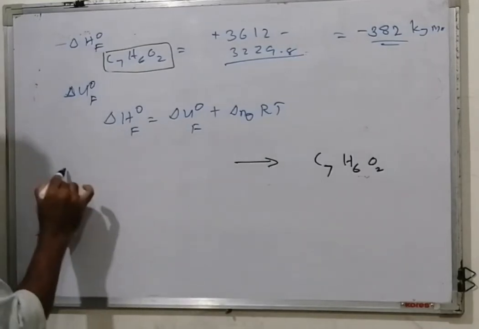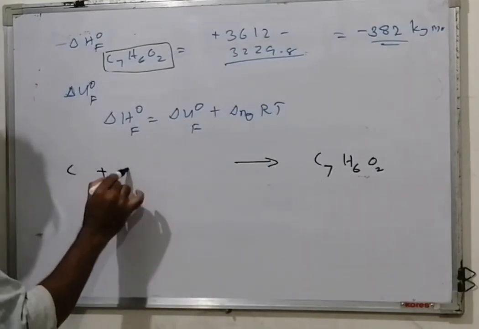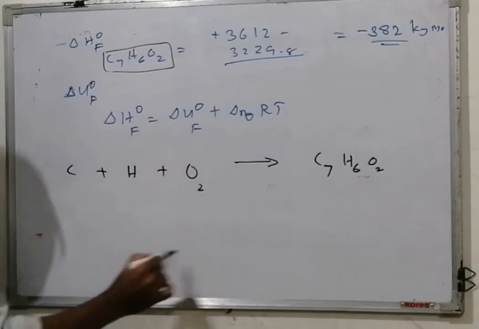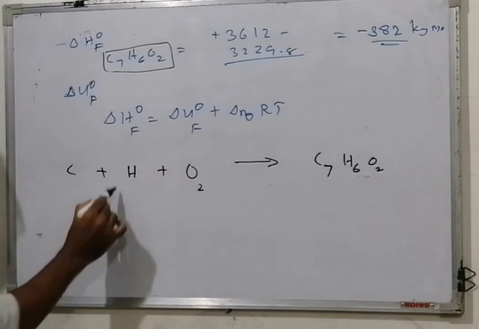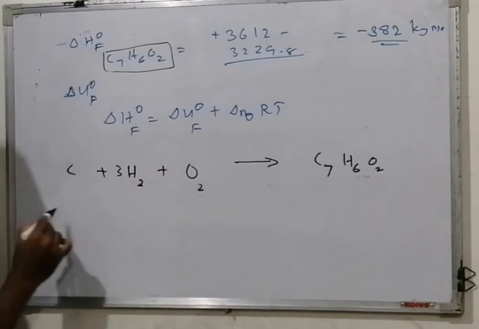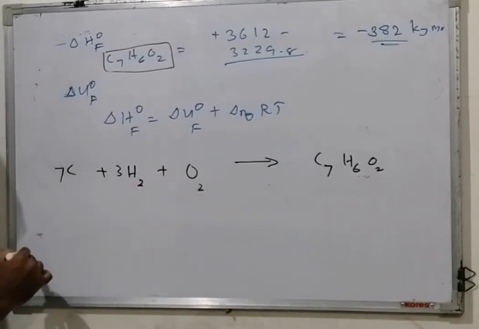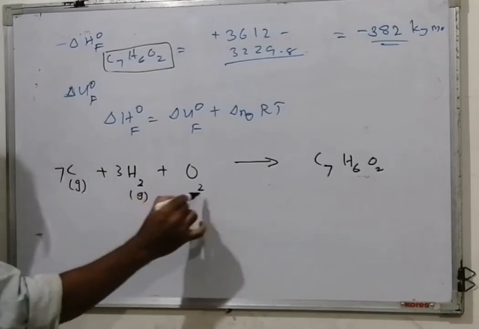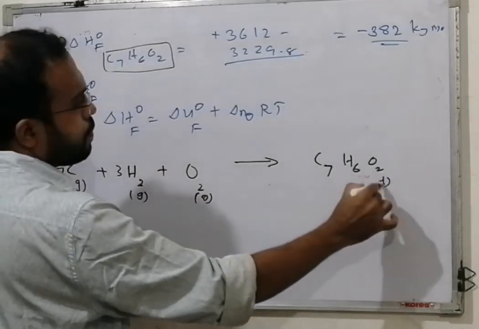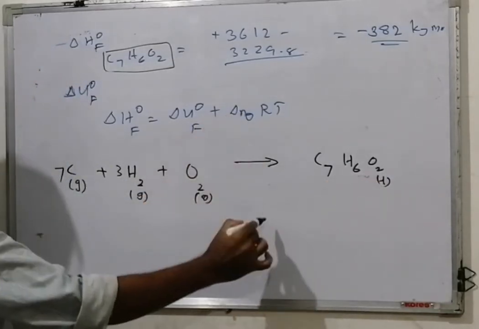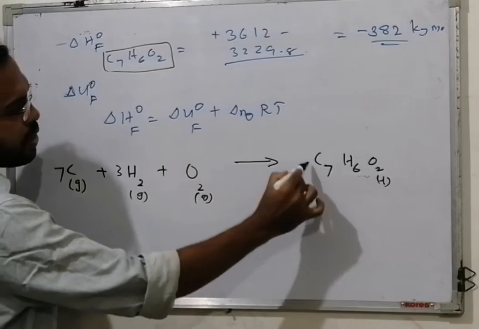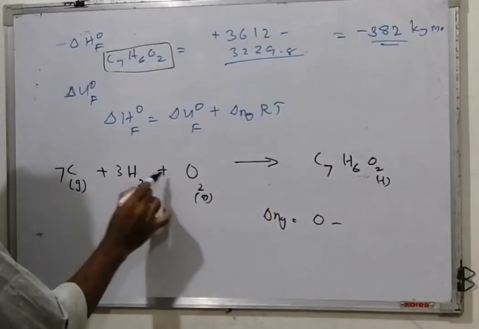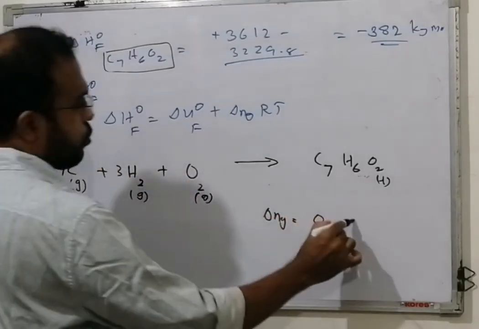To form 1 mole, you need carbon, hydrogen and oxygen. How many oxygen? 2 oxygen. How many hydrogen? 6 hydrogen, therefore 3H2. How many carbon? 7 carbon. Carbon should be in the elemental form, stable graphite. It's gas, it's liquid. Now you please calculate delta Ng. Delta Ng is your product 0 because it's not gas, minus 1 mole gas, 3 mole gas, 4.